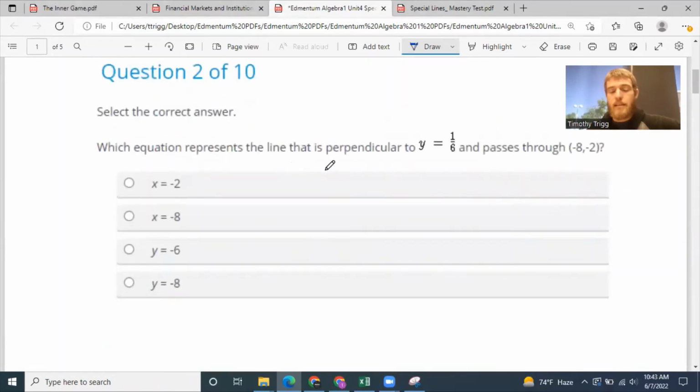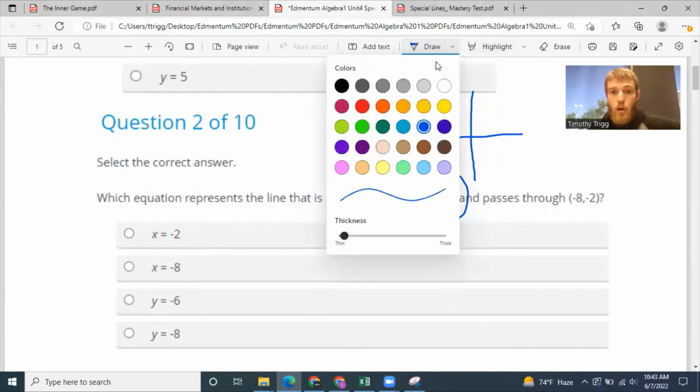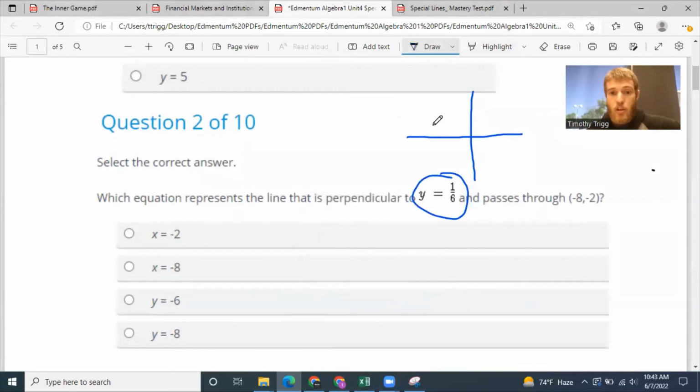Which equation represents a line that is perpendicular to y equals 1/6 and passes through the point -8, 2? Since this line is in the form y equals, I know that it's going to be a horizontal line at a y value of 1/6. So y equals 1/6 will be right here, let's say.